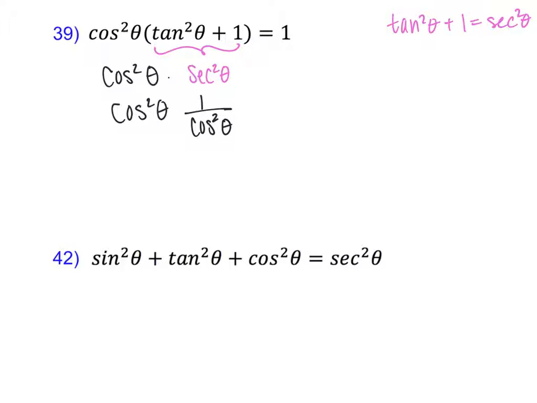If I force this to be a fraction by putting it over 1 and multiply, the diagonals are both cosine squared, so they cancel. If you multiply straight across, you just have a 1 in the top and a 1 in the bottom. So you have 1 over 1, and 1 over 1 is just 1. Now this looks like the right-hand side, so I'm done verifying.